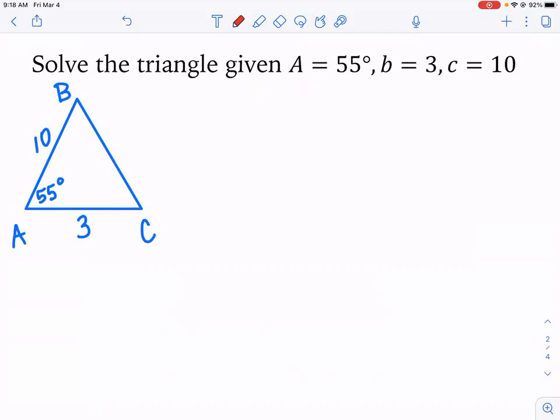I first want you to recognize that we have two sides and an angle in between. Since the angle is in between, we need to use the law of cosines.